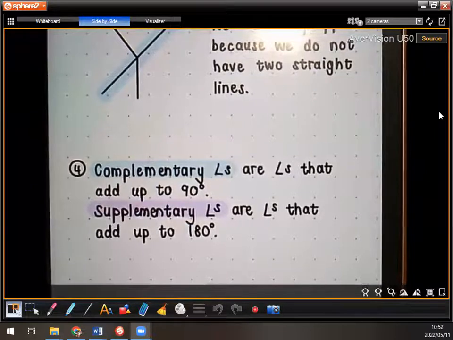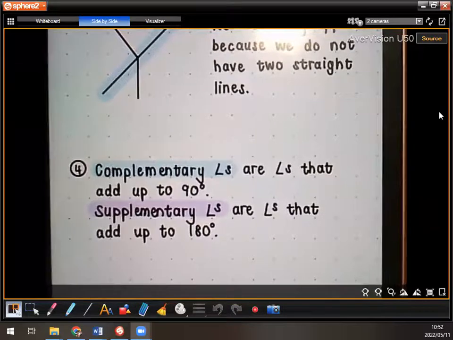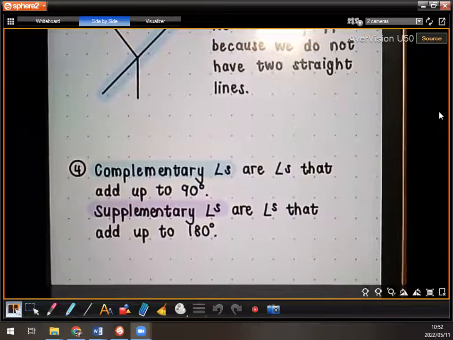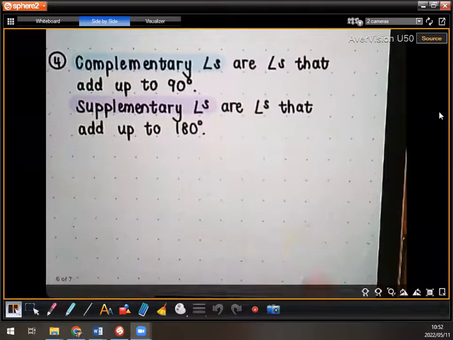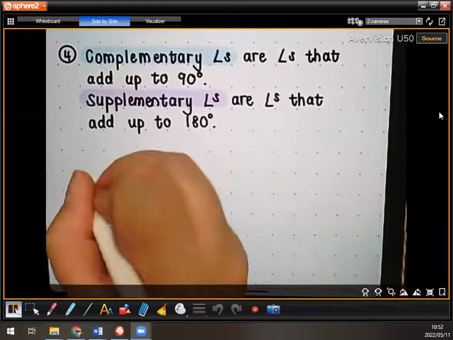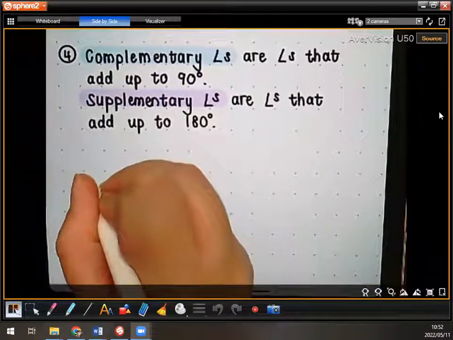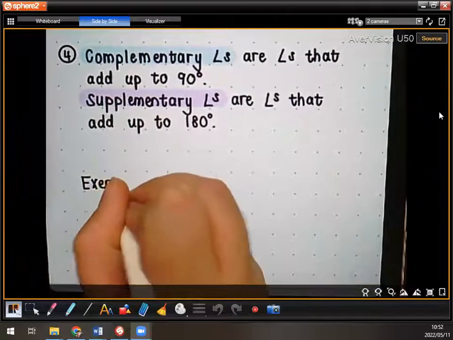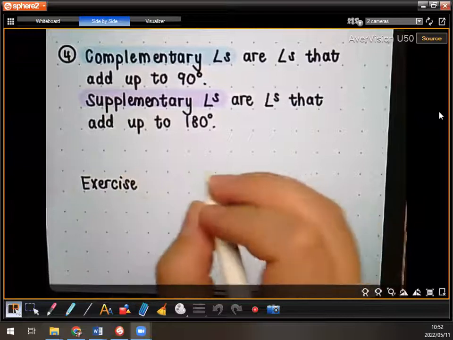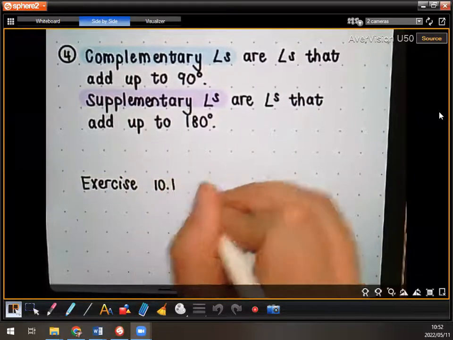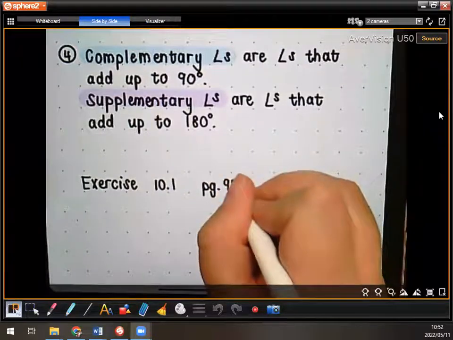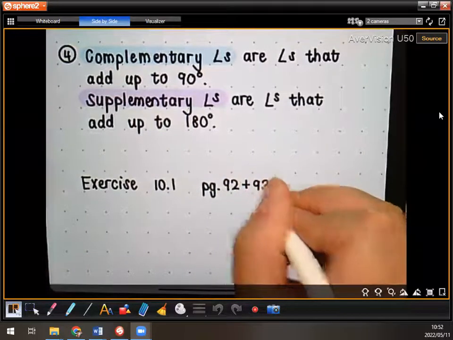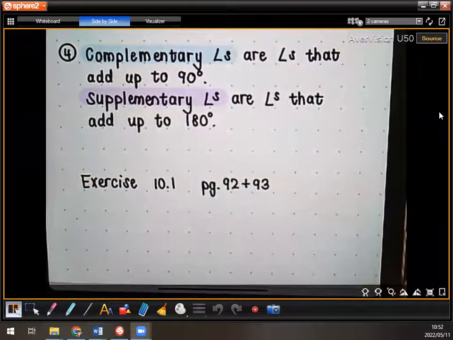I think you've noticed by now that this textbook is not great. They don't have a lot of practice. So I have found some extra stuff, which you will find on Classroom. I'll put it on the board as well. First you're going to do exercise 10.1 on page 92, and 93, guys. There's another question on page 93.